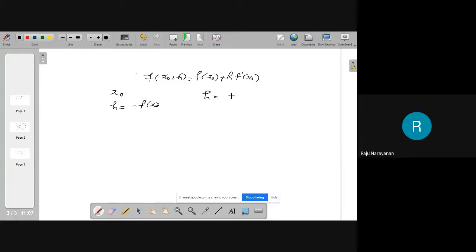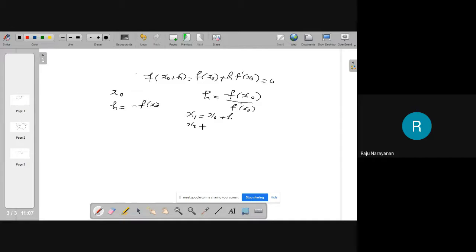Therefore, h is equal to... this one is 0. Then h is equal to minus f of x naught by f dash x naught. Then the new value x1 is x naught plus h. Then again, you find another h.